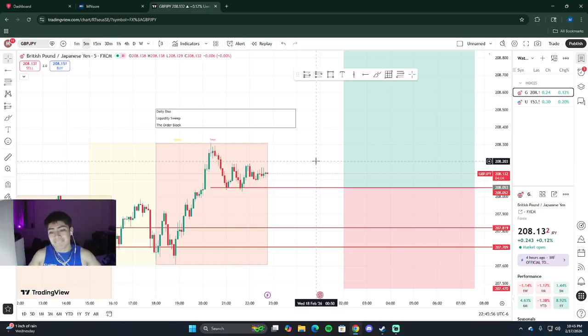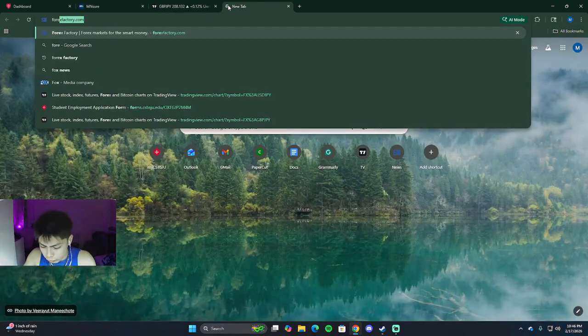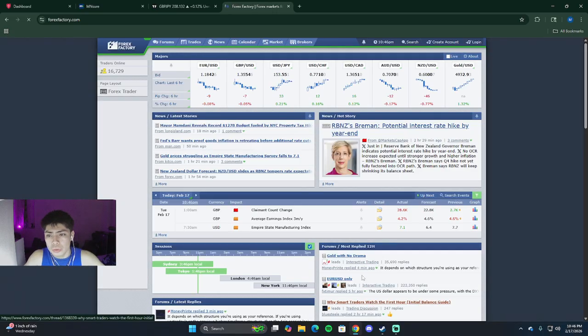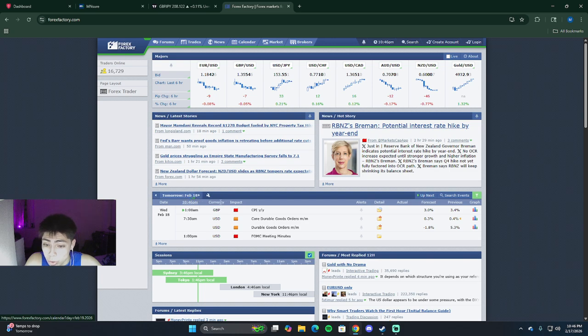Let's see what's going on in Forex tomorrow. CPI at 1 a.m. That might affect our market. That might affect our GBP.